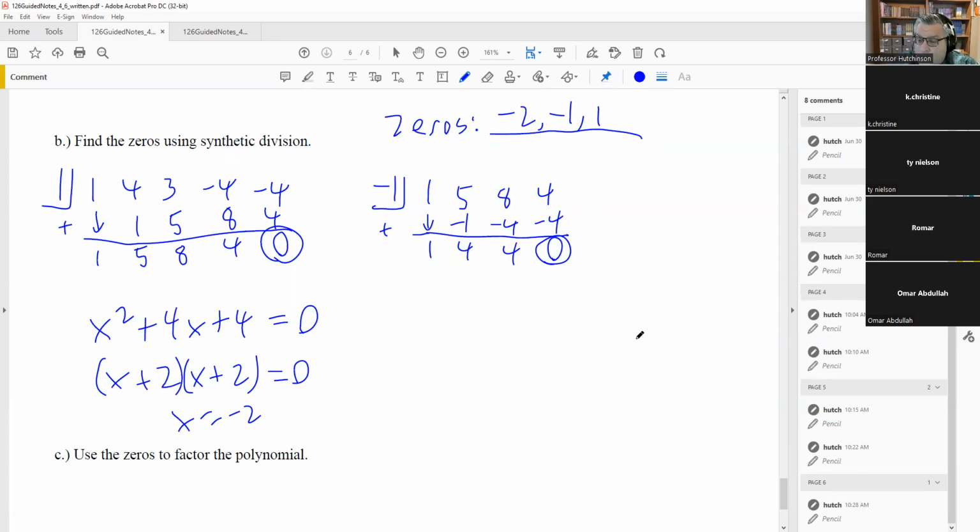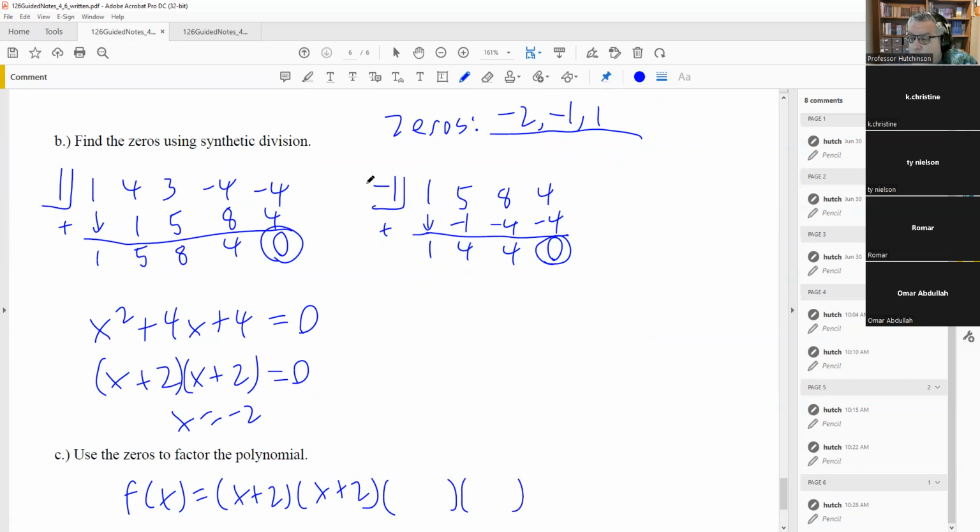So now we want to factor it. If we factor it, we're going to put the x plus 2, x plus 2 that we got from above here. So again, whatever you factor in part B automatically becomes the answer for part C. Then you have to add a couple more pieces to it here.